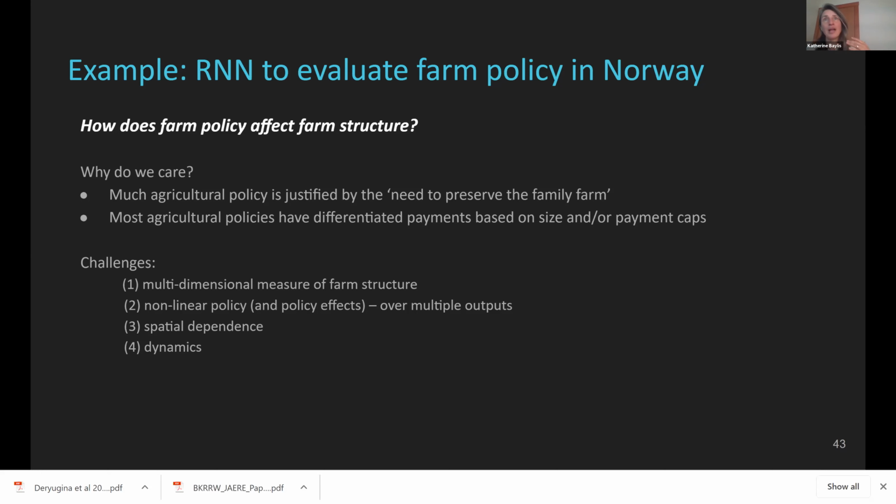It's complex. And the nice thing about the neural network here is it can take these multiple inputs and multiple marginal and average subsidies over these various different outputs and look at how that's affecting not just any single output, but outputs in general, okay?